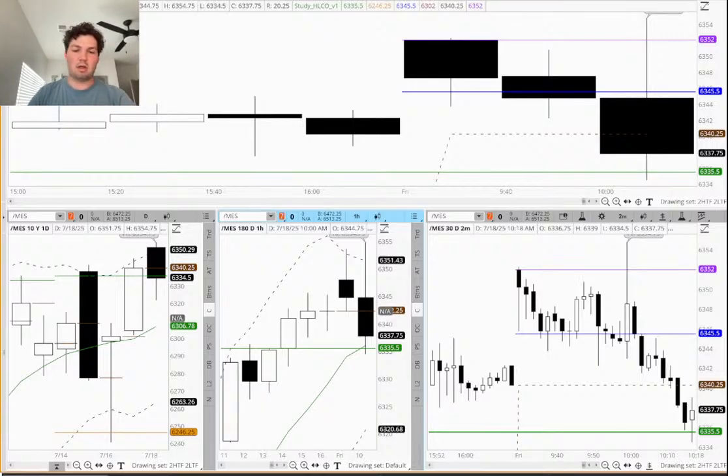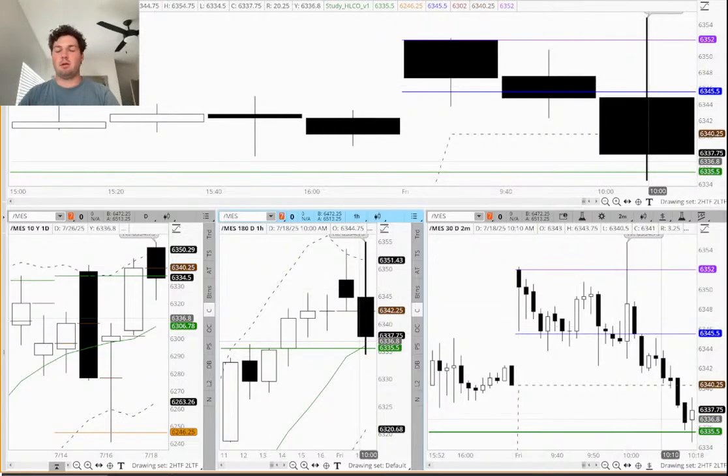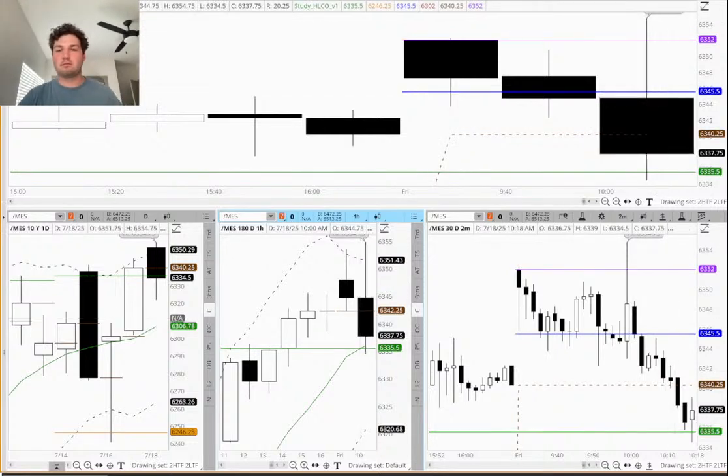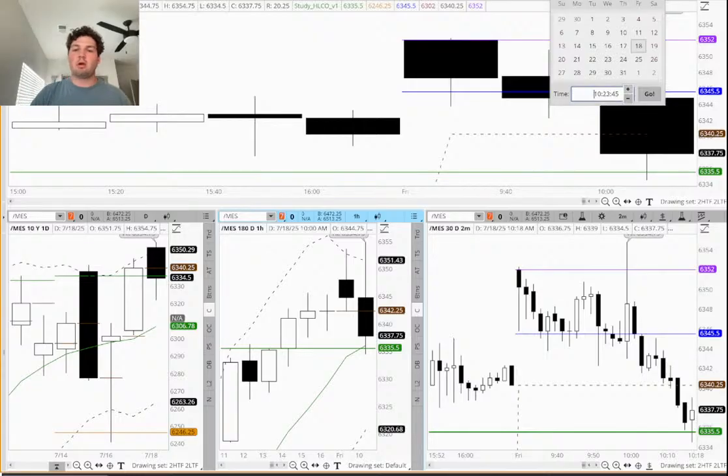But we like to give it multiple attempts. I trade the first hour basically, first 50 minutes. So I would get short here as well off this bar. Let's move forward another 20 minutes and see what happens.